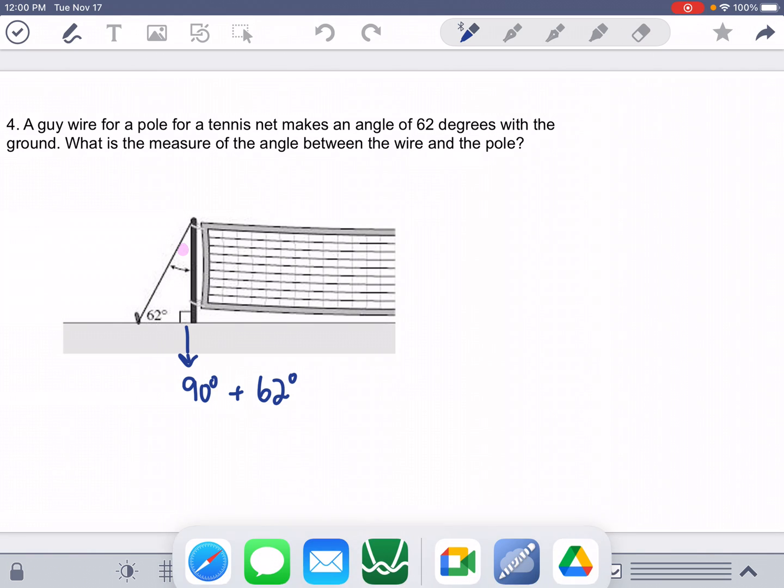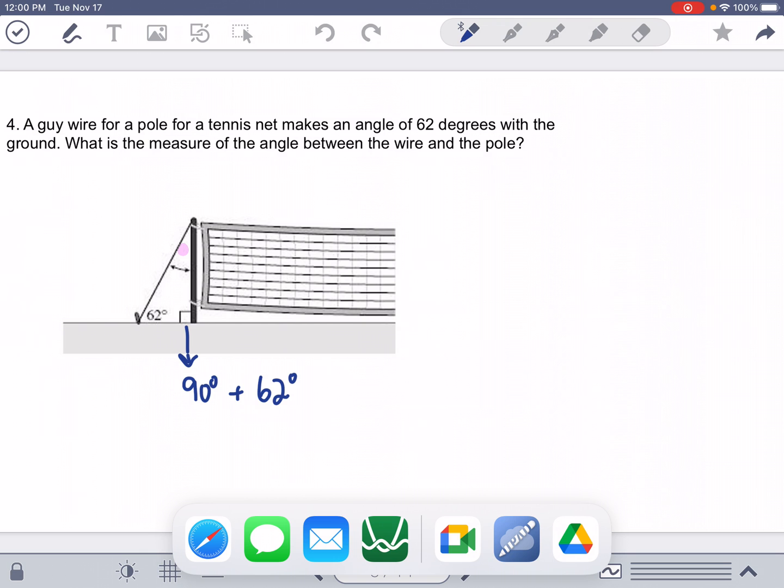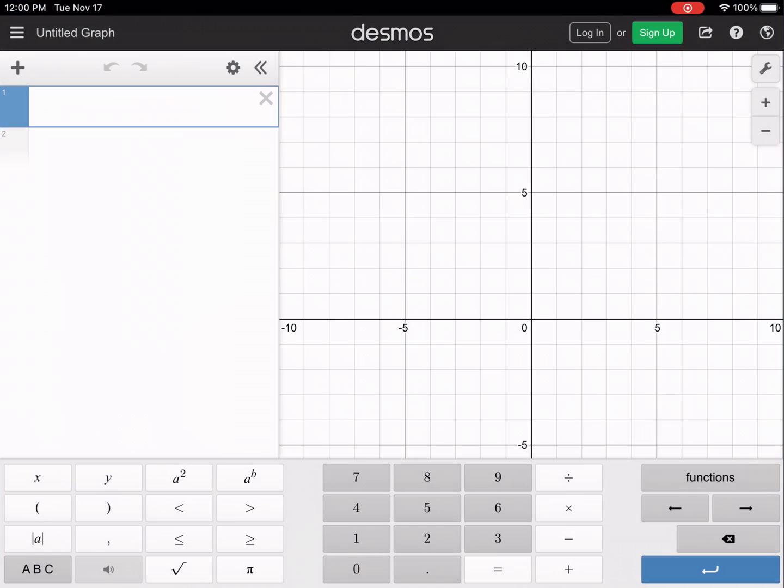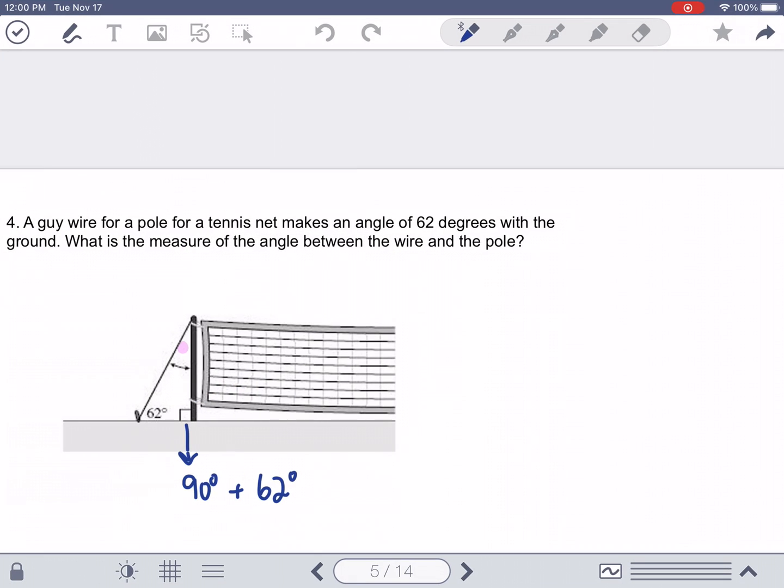So basically, if I just subtract 90 and 62 from 180, I'm going to get 28. Why did I say 180 subtract those two numbers? Because the total degrees in a triangle is 180.